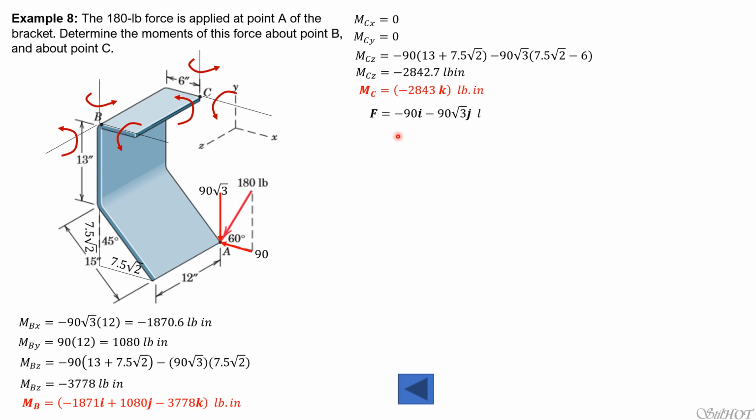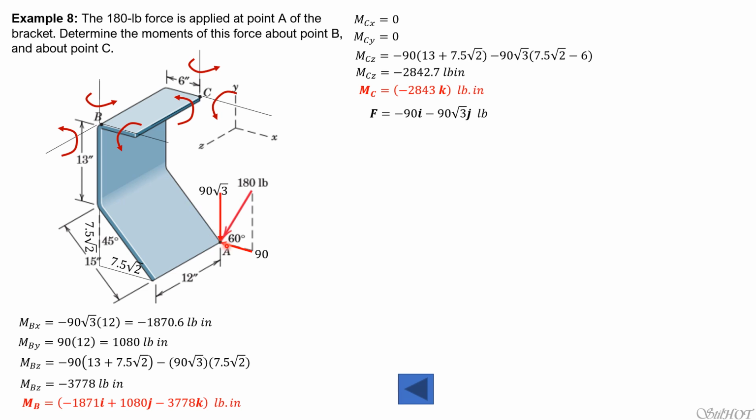So the force in vector form is negative 90i because it is opposing the positive x-axis, then negative 90 square root of 3 j. Then moment about point B is simply the position vector from the point to any point on the line of action of the force.